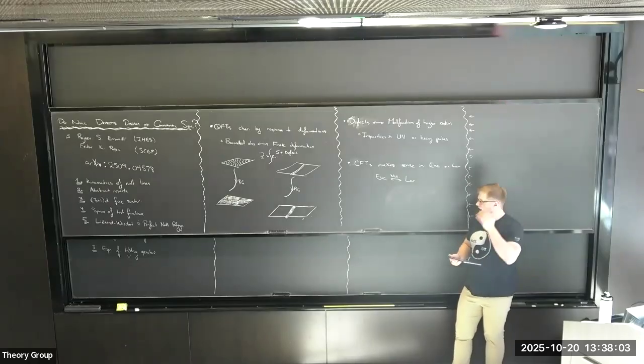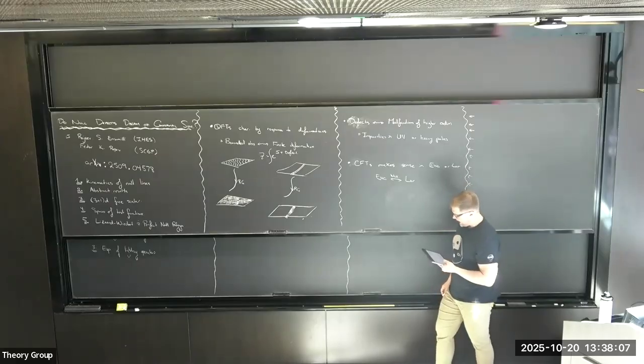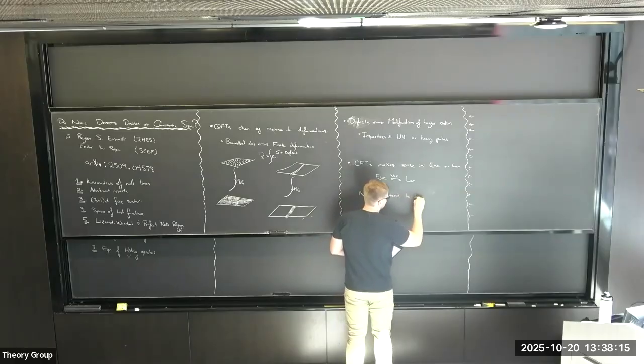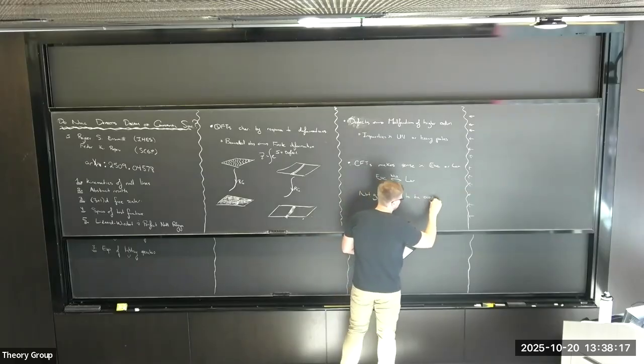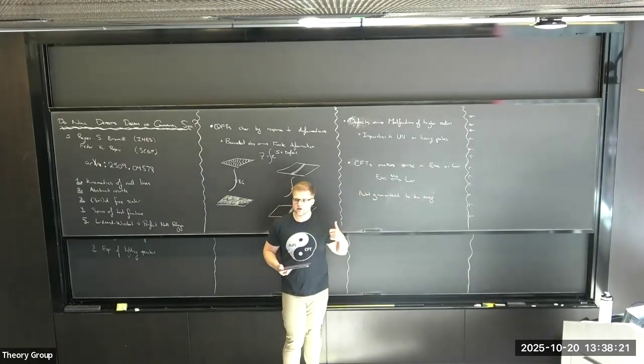So indeed, there are literal theorems that say these two quantum field theories should be equivalent. However, it's not guaranteed to be easy. Just because these two perspectives are equivalent, it's not obvious how you relate data in these two perspectives.